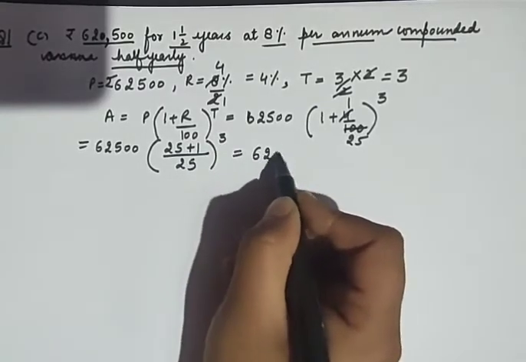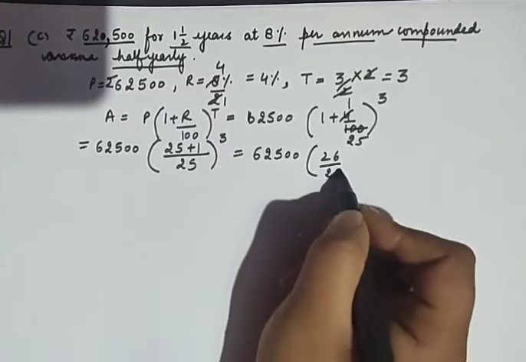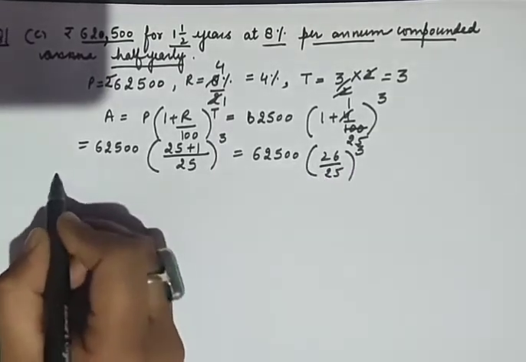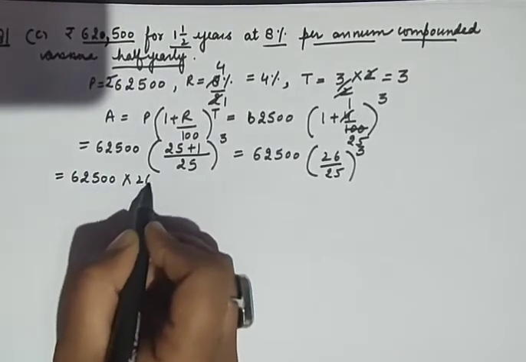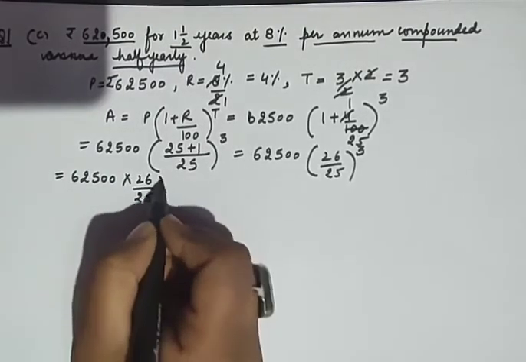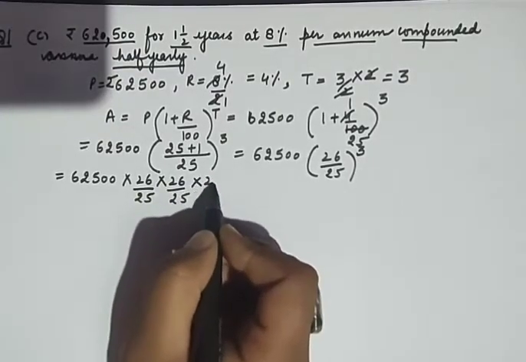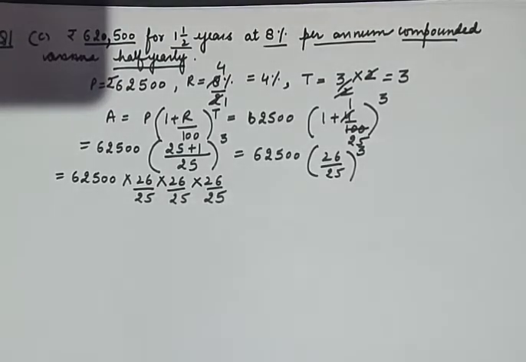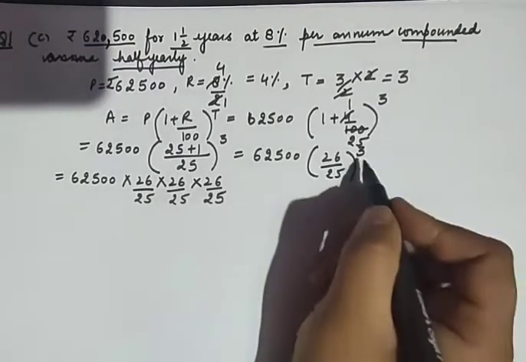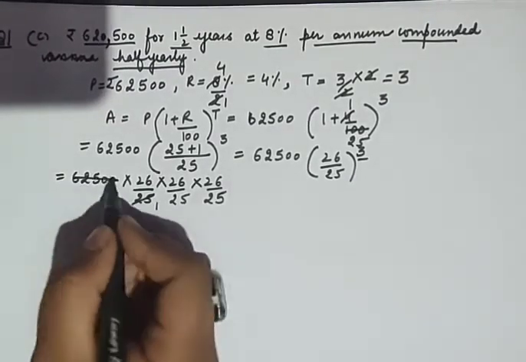So it will be 62500 into 26 by 25 raised to power 3 here. So it will be 62500 into 26 upon 25 into 26 upon 25 into 26 upon 25. Why have I taken it 3 times? The reason is this, because here the power is 3. So let's calculate. 25 ones are 25.